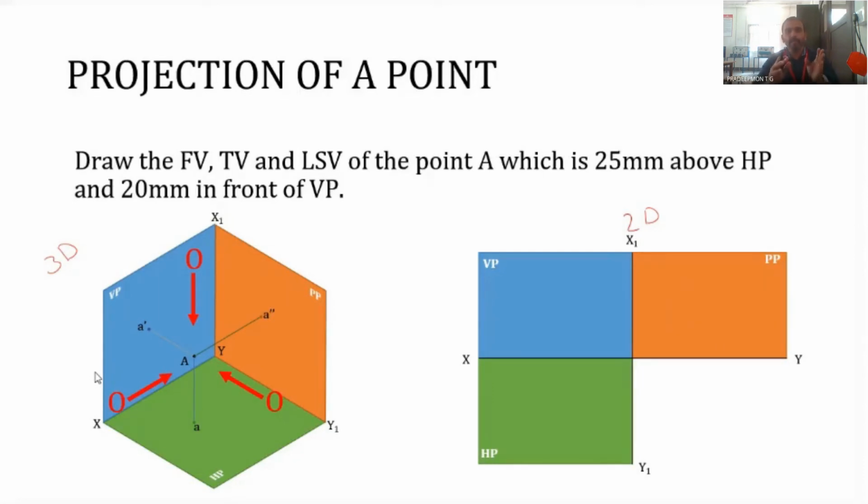Now, we know how to draw A dash as well as A with respect to the XY line. In order to do that, from point A dash we draw a line which is perpendicular to the XY line, and that particular line is marked in the two-dimensional XY, and hence A dash is marked.